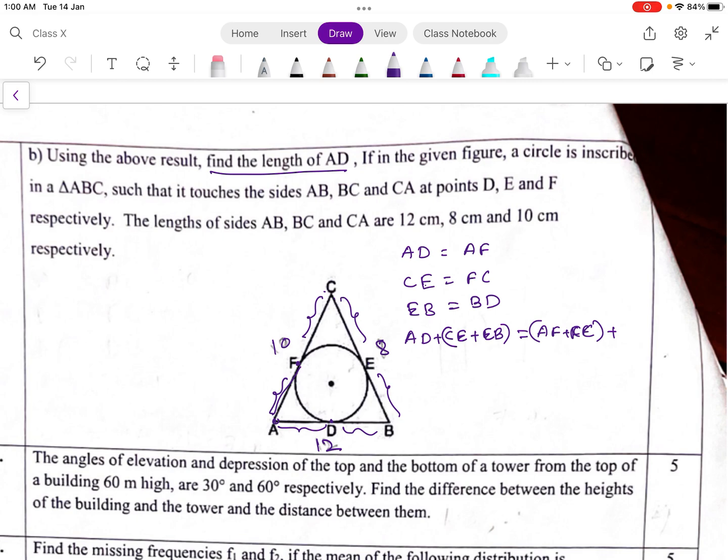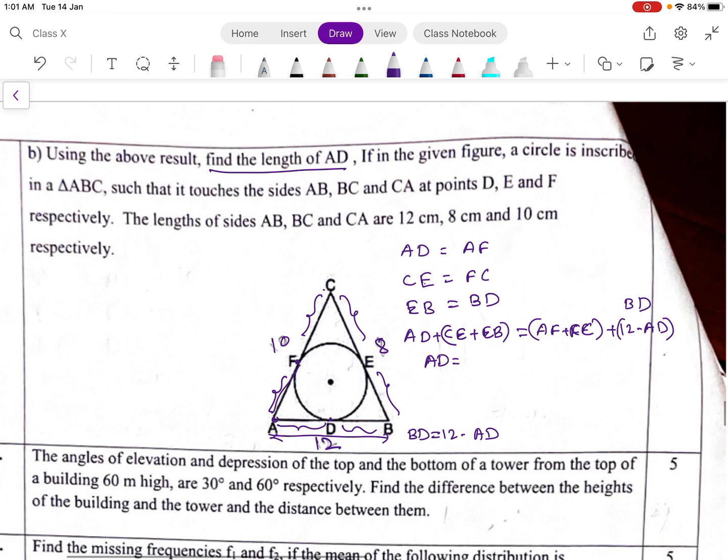Now BD we don't want, but we want AD. The total length is 12 and BD is nothing but 12 minus AD, so we can substitute 12 minus AD in place of BD. I'm not writing that to save time. Now simplifying, AD will remain, and CE plus EB is 8, so plus 8 equals AF plus FC.